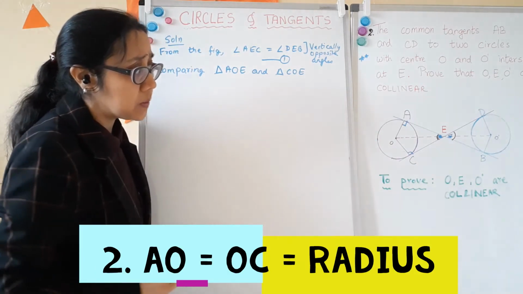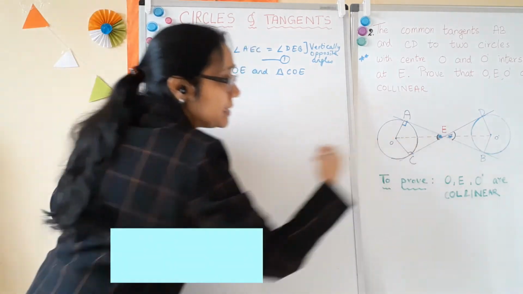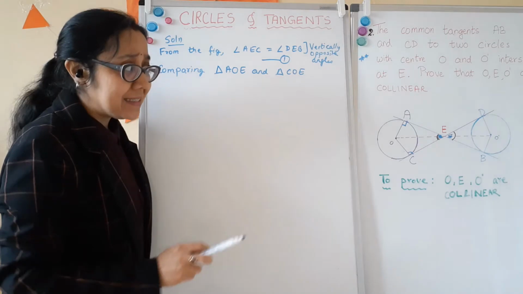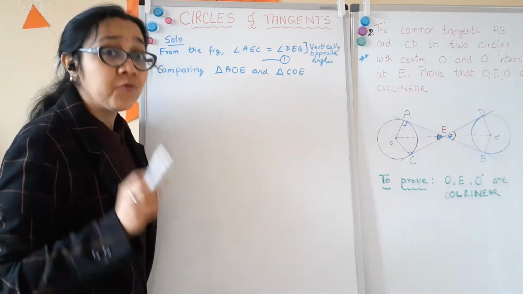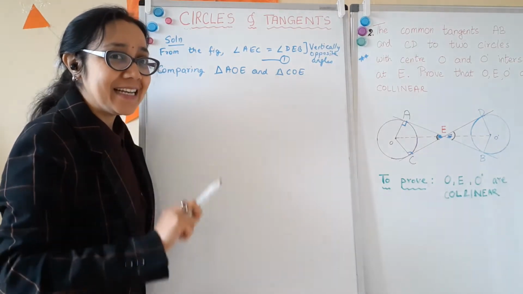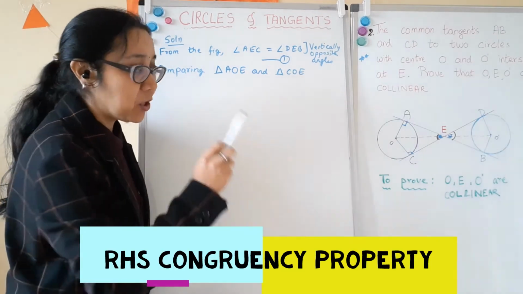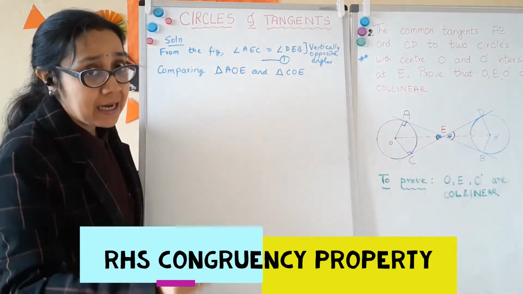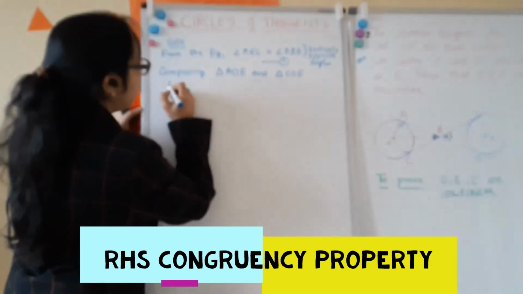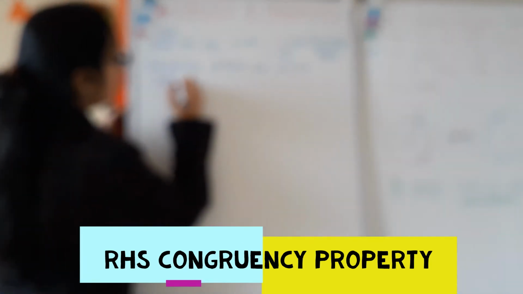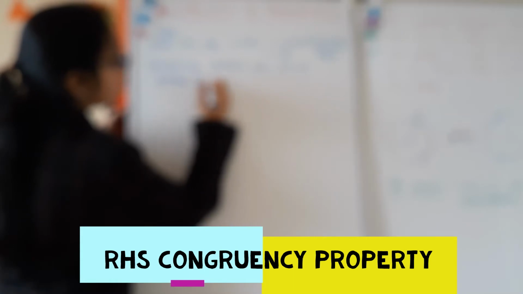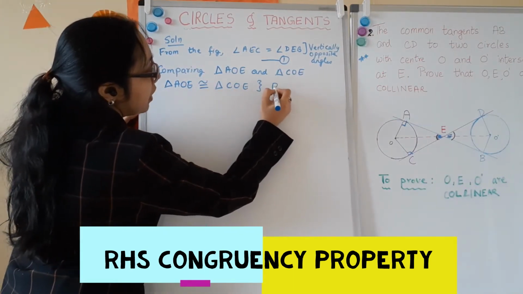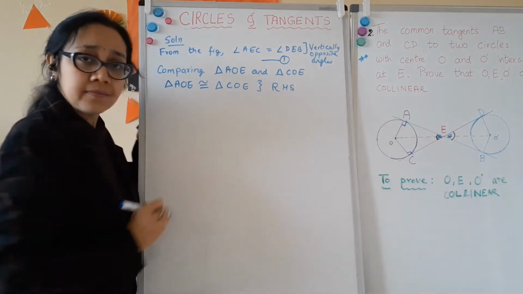AO is equal to OC and OE is the common side between these two triangles, right? So we can say that these two triangles are congruent. By which theorem? Yes, you are right. It is RHS because one of the angles is a right angle, one side and one hypotenuse. So we can write triangle AOE will be congruent to triangle COE through RHS.